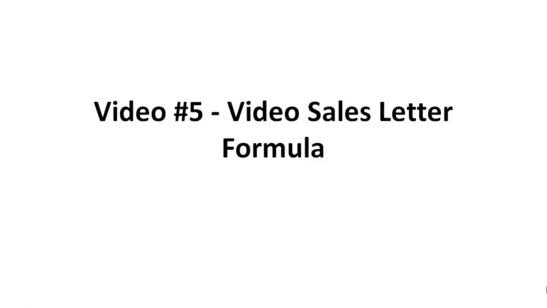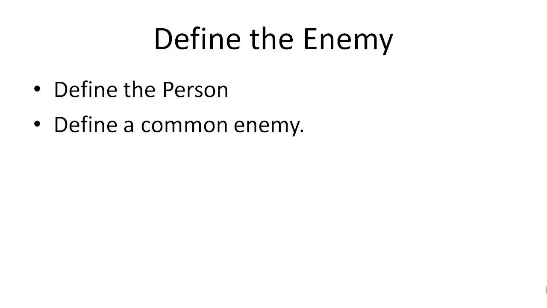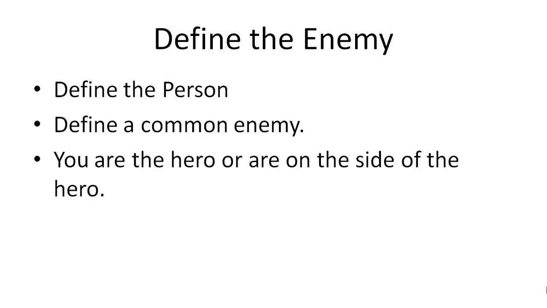All right. So moving on, the first thing I want you to do before we actually get into the written process is by defining the enemy. You have to define the enemy. You got to define the person or the common enemy. And then you are defined as the hero or the person who has been in their shoes, been there, done that.